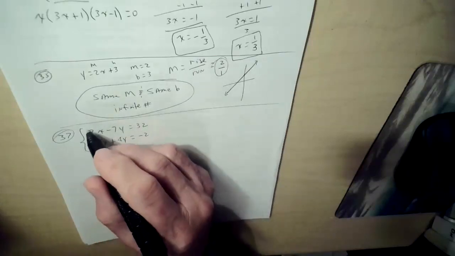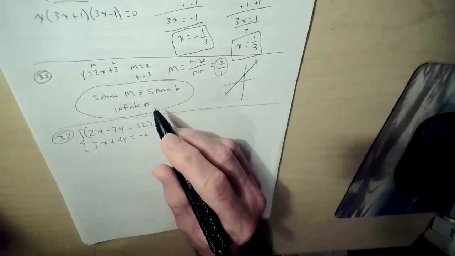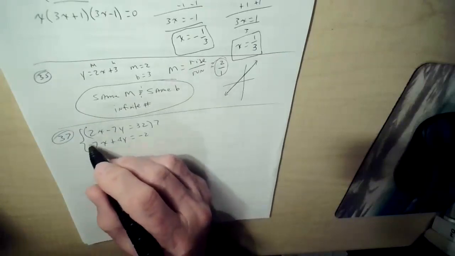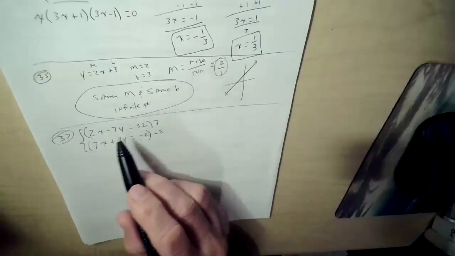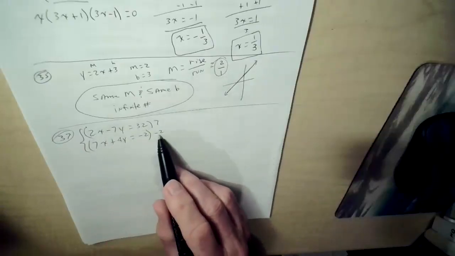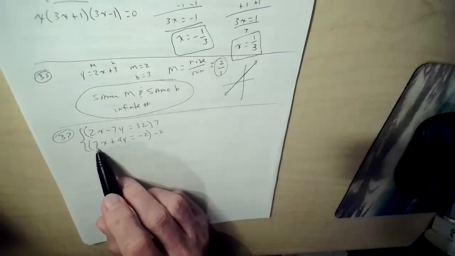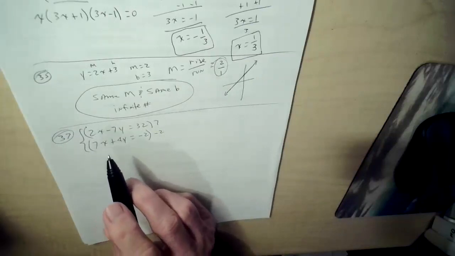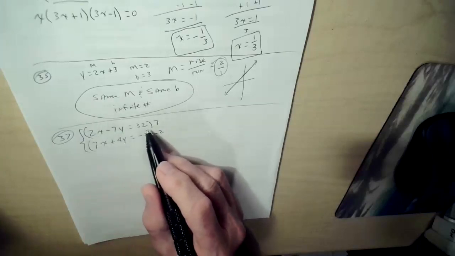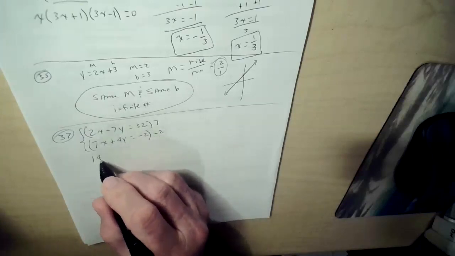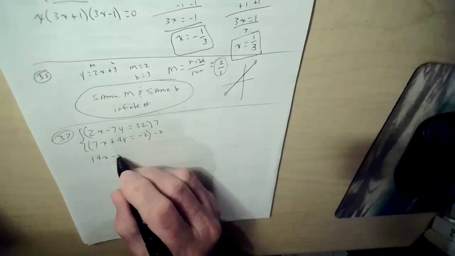So let's get rid of these here. So we're going to multiply this by 7 and this by negative 2. Because 7 times 2 is 14. Negative 2 times 7 is negative 14.